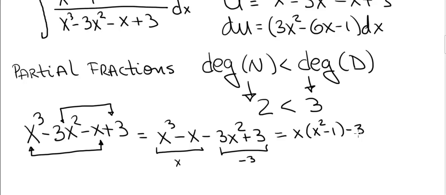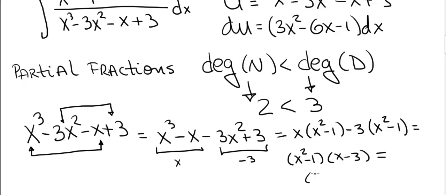Factor out −3 in the last 2 terms, which is going to leave x² − 1 as well. Now factor out x² − 1 times (x − 3). And this is (x − 1)(x + 1)(x − 3). So this polynomial is a product of 3 distinct linear terms.